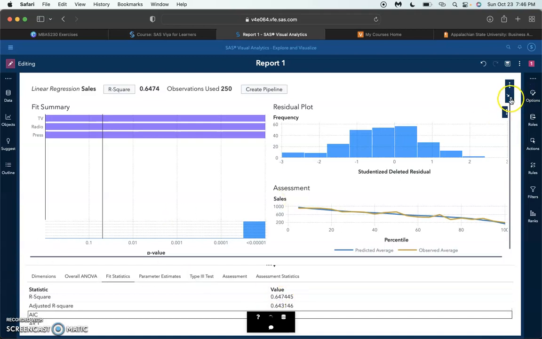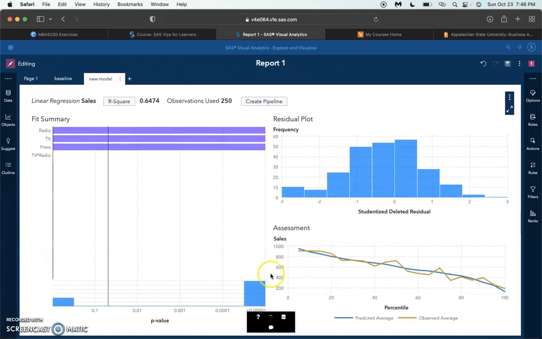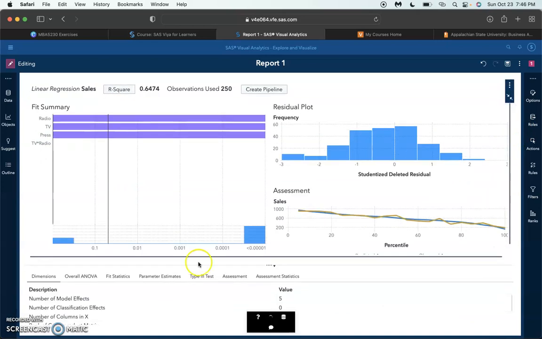And then going out of this, we're going to go to the new model, and we're going to look at the R-square value for that under fit statistics. And you can see that the R-square value is 0.647448. So looking at the R-square value, there is a very minimal increase from the baseline to the new model.